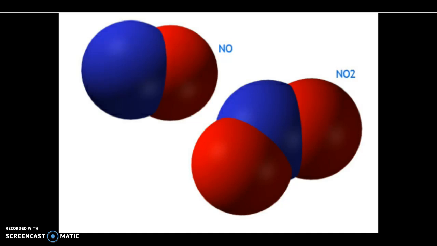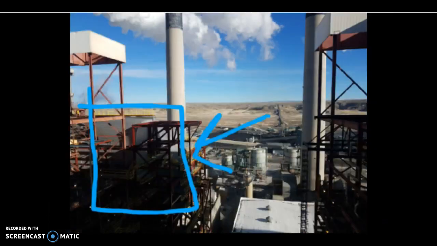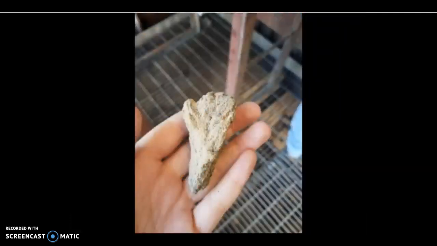During the removal, to reduce the emissions of NOx, plants turn it into nitrogen oxide. NOx is what makes up the smog that covers Salt Lake City and big cities such as Denver. A catalytic converter outlined in the blue box is what transforms the nitrogen dioxide into nitrogen oxide.